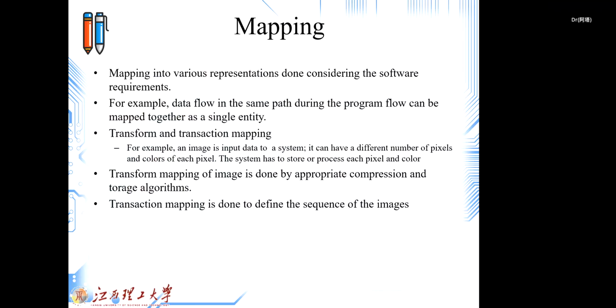It can have a different number of pixels and colors. Transform mapping of the image is done by appropriate comparison and some algorithm. Transaction mapping is done to define the sequence of, suppose, the image.